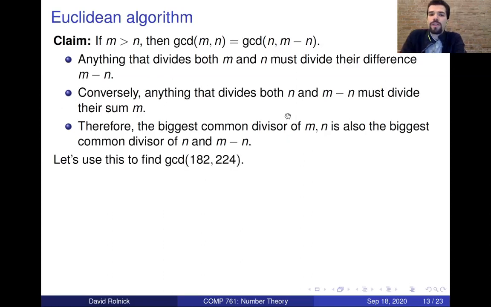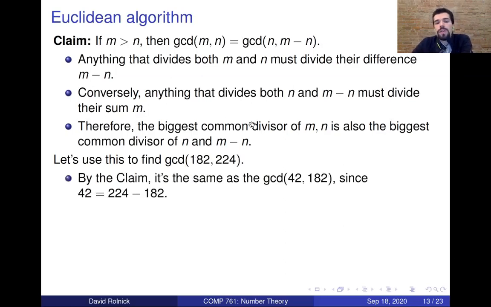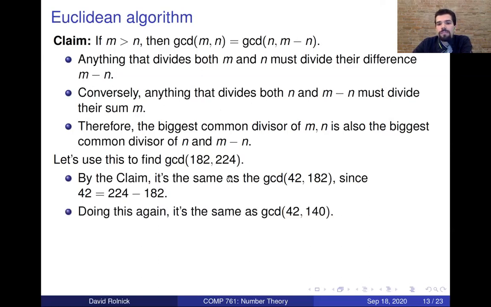So let's use this to find the GCD of two big numbers. We know that it's the same as the GCD of the smaller of the two and the difference of these two numbers. That's 42 and 182, because 42 is just 224 minus 182. Now we can do that again. We take 42, which is the smaller, and the difference of these two, which is 140.